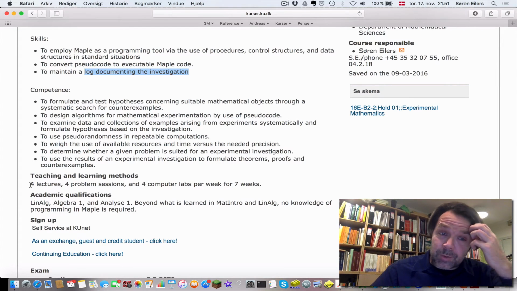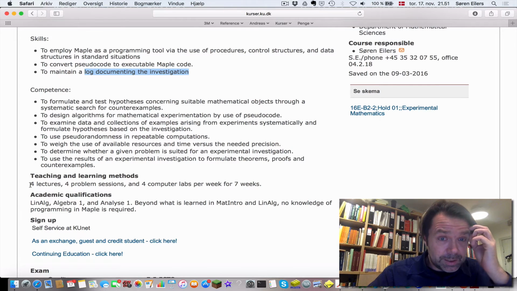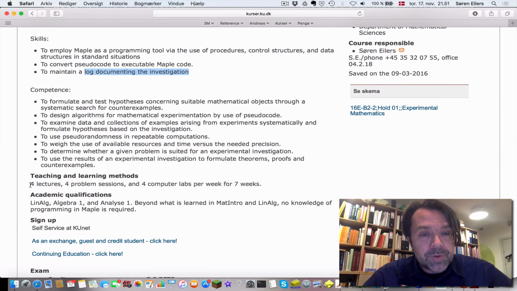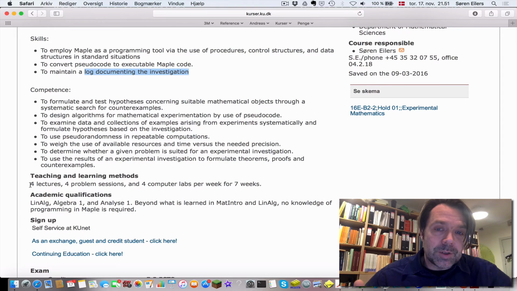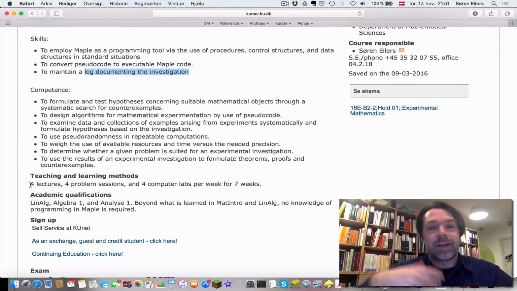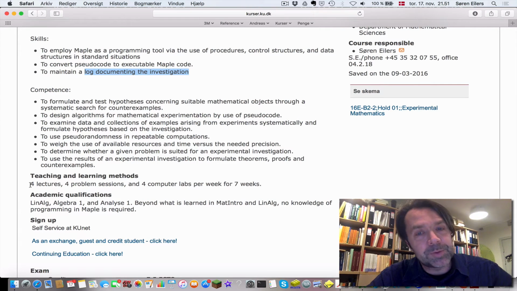And then we have computer labs with Maple TA, Rege. The computer lab is a time where you can show up with your own computer and work on the exercises or the mandatory projects that you need to hand in. And then you can get help, because my experience is that it's not a good idea that I explain at length how to do things in Maple.